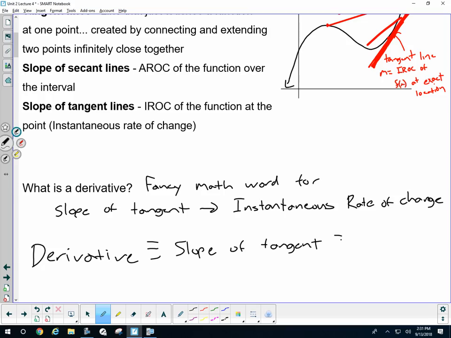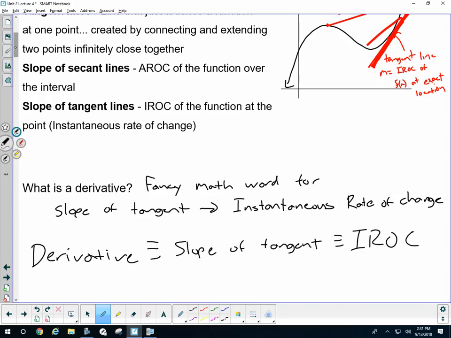Which is the exact same as if I ask you, what is the instantaneous rate of change of the function or of something at a specific value? Okay, they're all the same. 3 different ways to say the same thing. So when we talk about derivatives, you're thinking slopes of tangents. You're thinking change, okay?